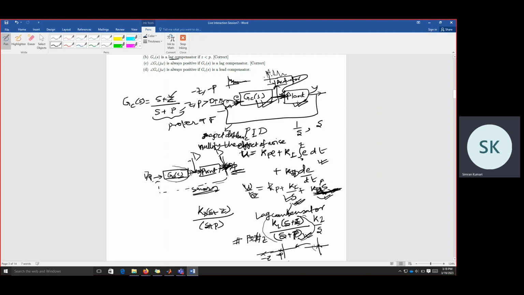There will be large changes due to noise. So in order to block those frequency components, we have these poles. This is the effect of adding these poles. Basically, for approximating this derivative term, we have this controller, or this compensator, and we call this a lead compensator.